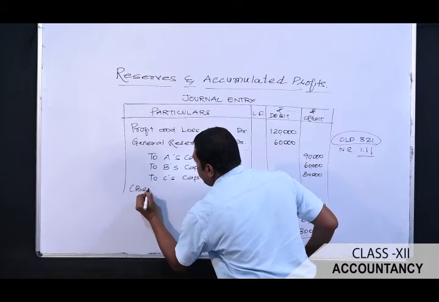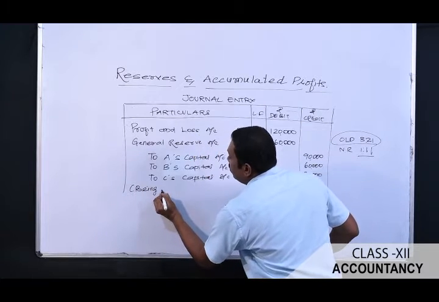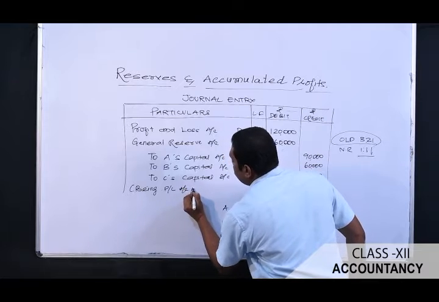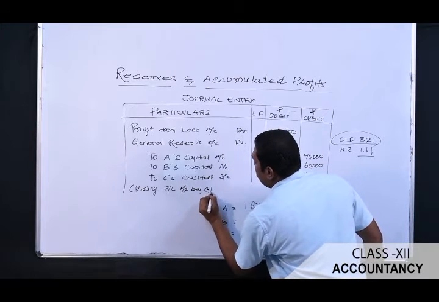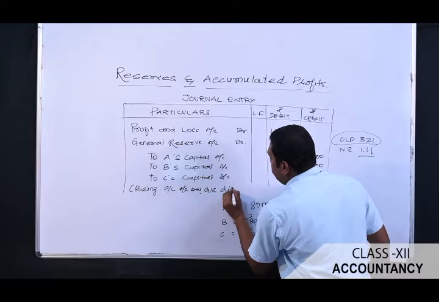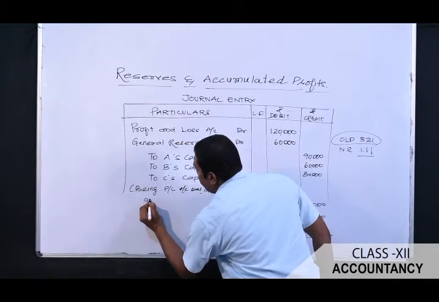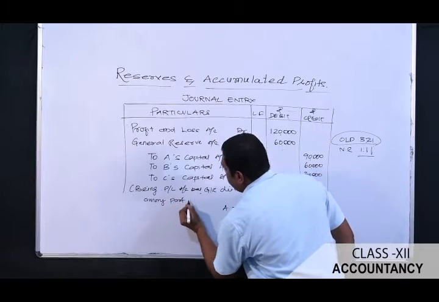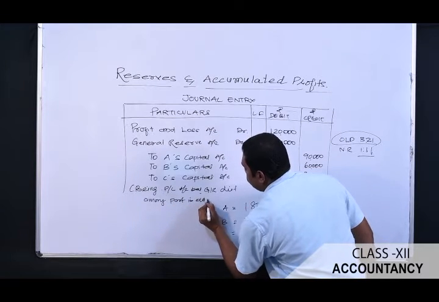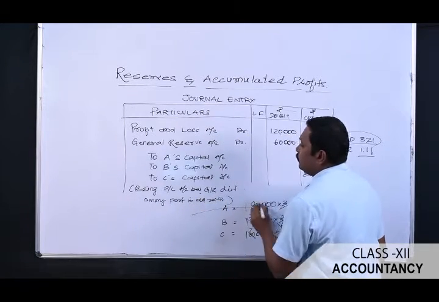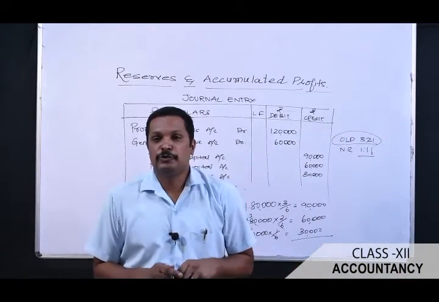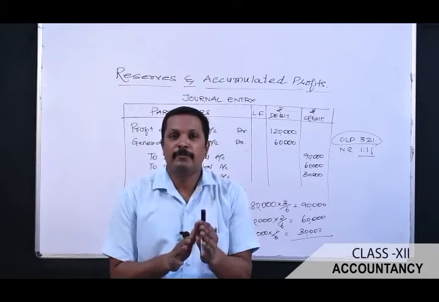Being profit and loss account balance and general reserves distributed among partners in old ratio to close. This is the entry for distribution of general reserve and profit and loss account.